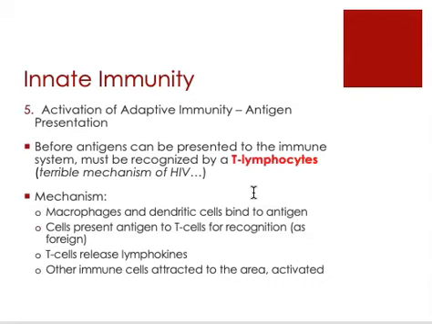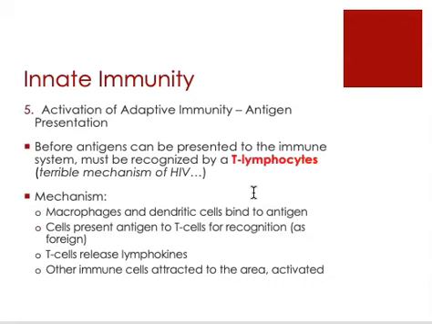So the way this happens is macrophages and dendritic cells, also part of the innate system, will be the first to recognize and bind to the antigen on the foreign material. They will then present the antigen to a T cell for what we call recognition. In other words, for recognition as not belonging in the body.